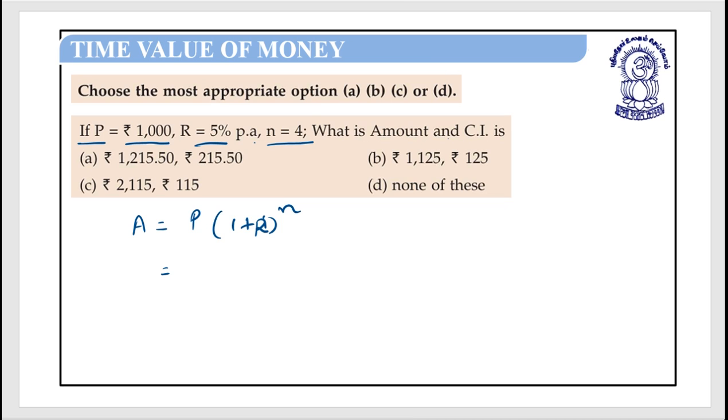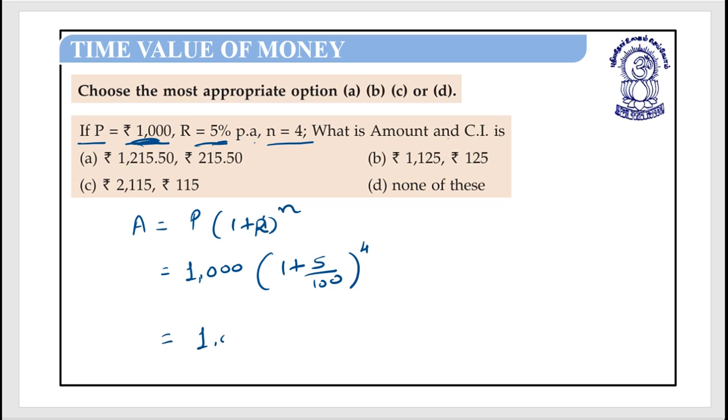P is 1000 given, 1 plus rate 5%, so converted 5 by 100, n is equal to 4 is given, raised to 4.